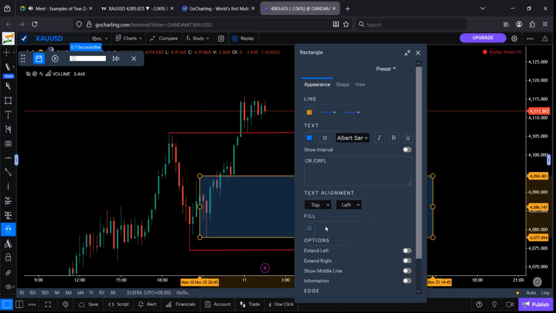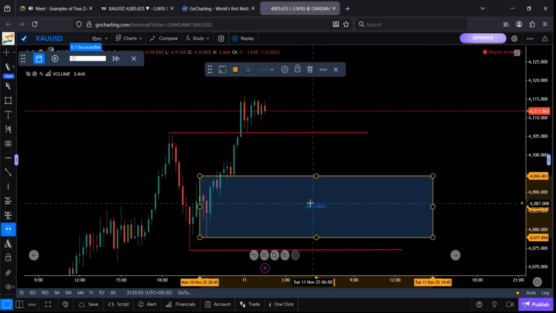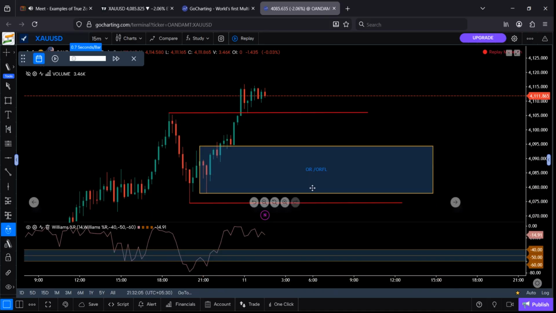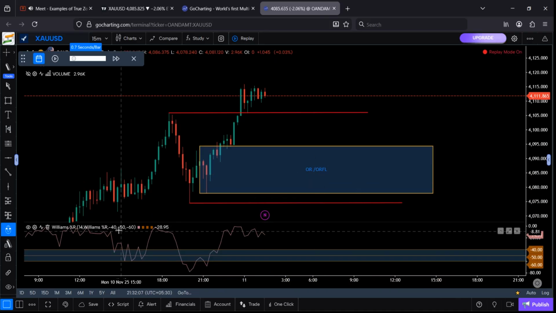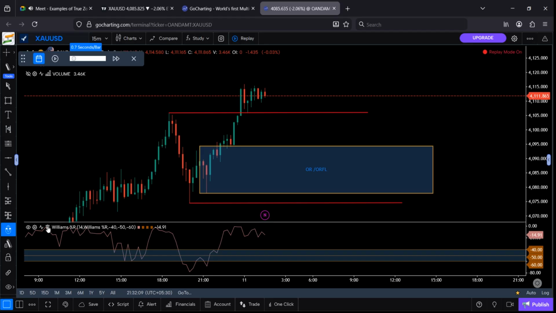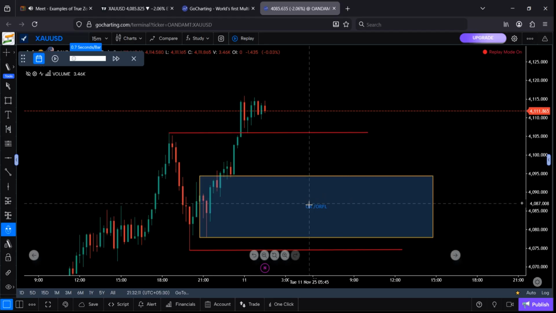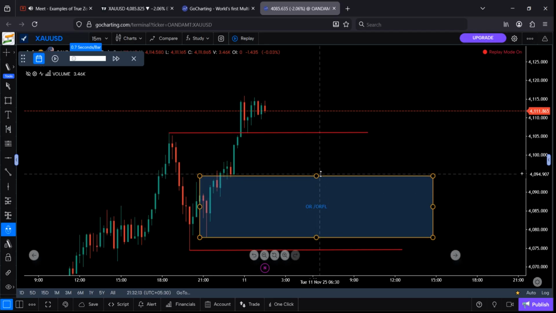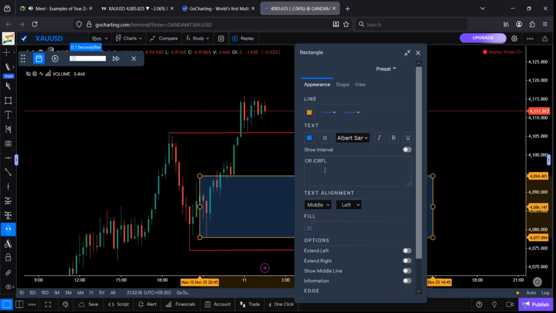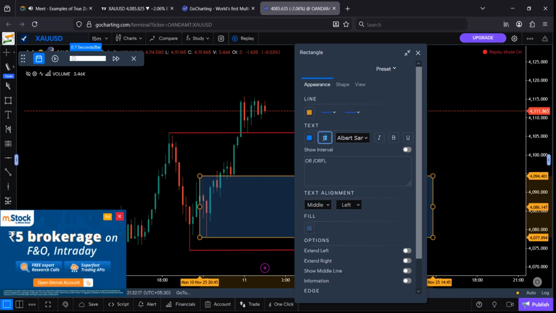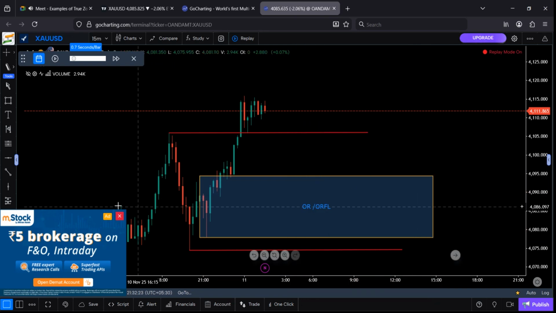Alignment in middle, font size 16. This is OR or ORFL.